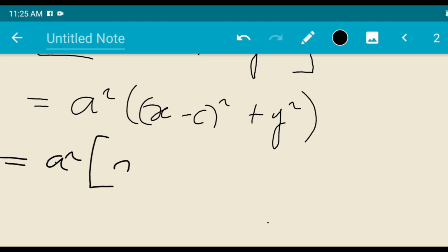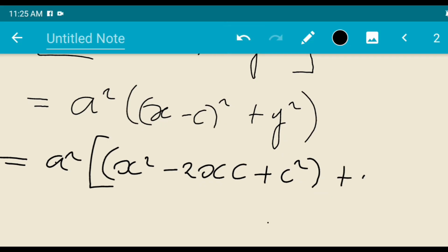So this, when expanded, will be x squared minus 2xc plus c squared. We close, and we say plus y squared, and then we close.